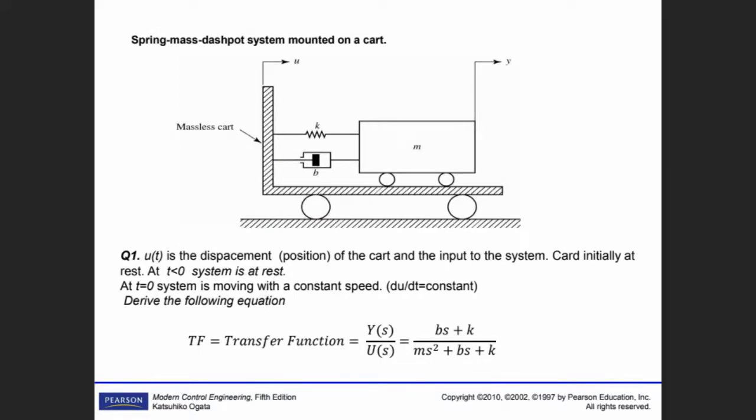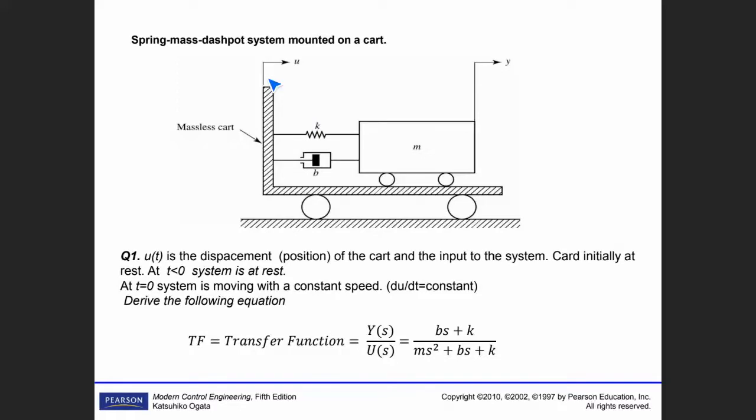So this car is movable inside this car, and that car is also moving on the reference frame. That is the reference frame. So we are going to solve that mechanical problem. We know that that position is here U. That position is U, and that is X.